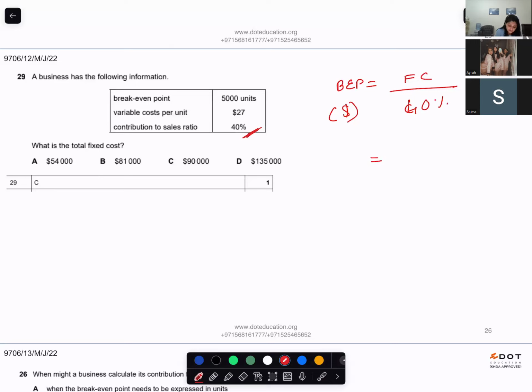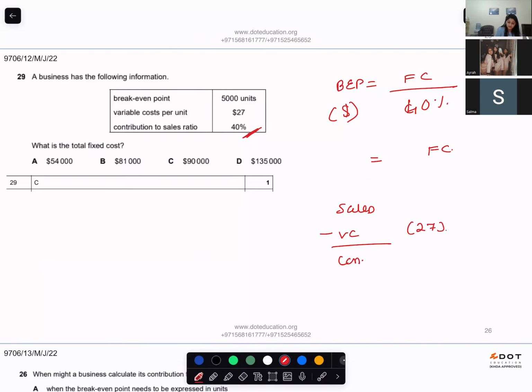What is fixed cost? I don't know. Do you know break-even point in dollar value? No. So now let us do it the other way. Sales minus variable cost is contribution.